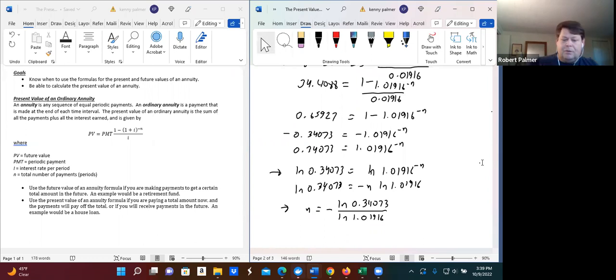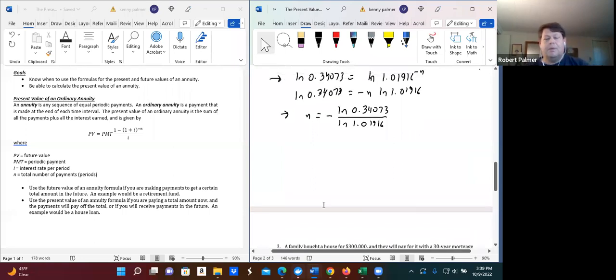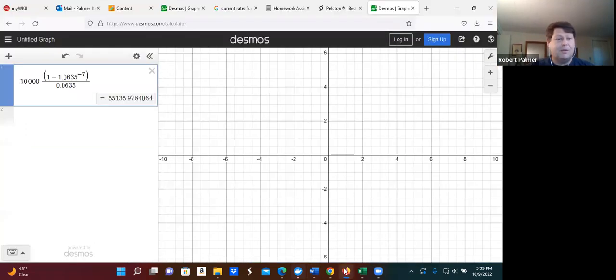Okay. Now let me type that in, and actually let me write it down just a moment. Now let's go back to Desmos, and we'll use Desmos to help us calculate this. Okay, so it was going to be negative.